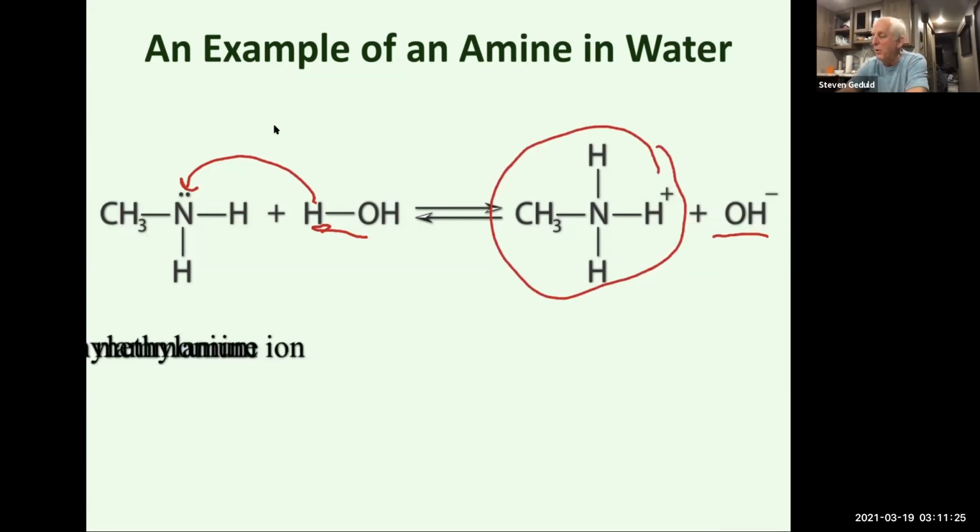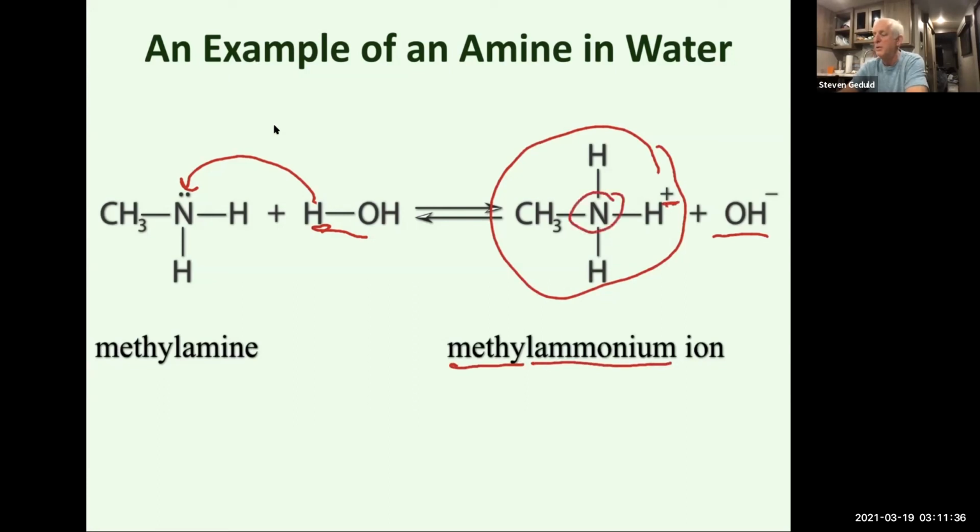So this would be methyl ammonium ion. It's an ion because it has a charge. Okay, so when nitrogen has 4 bonds to it, it's an ammonium ion, and the methyl tells you there's 1 methyl group attached to it. And then you have your hydroxide ion too.